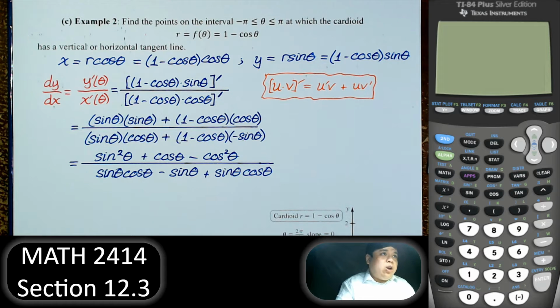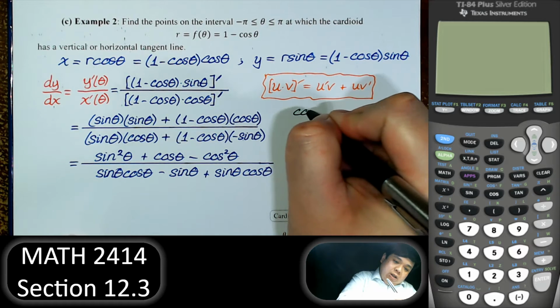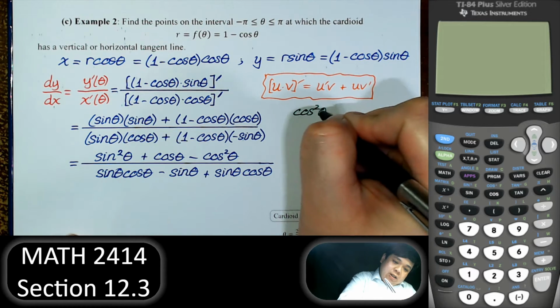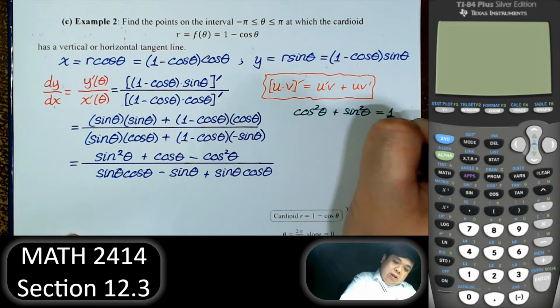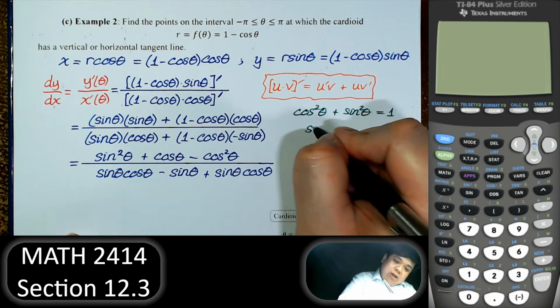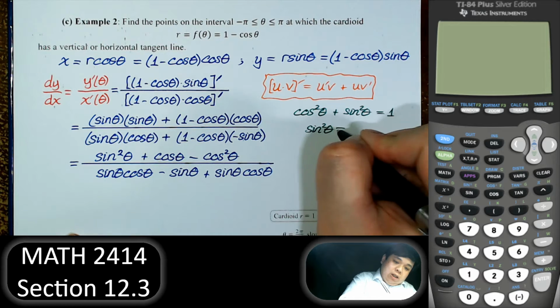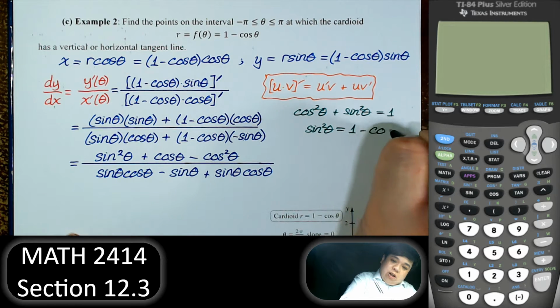Yeah, a few things we can do here. Combine like terms at the bottom, and then sine square and cosine square, we can rewrite sine square as follows. We have cosine square plus sine square is 1. So sine square is 1 minus cosine square.